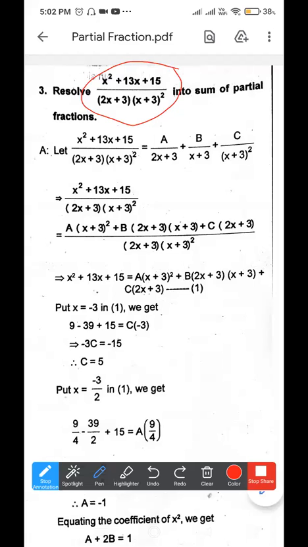So in this question, they are asking us to resolve x square plus 13x plus 15 by 2x plus 3 into x plus 3 whole square into the sum of partial fractions.